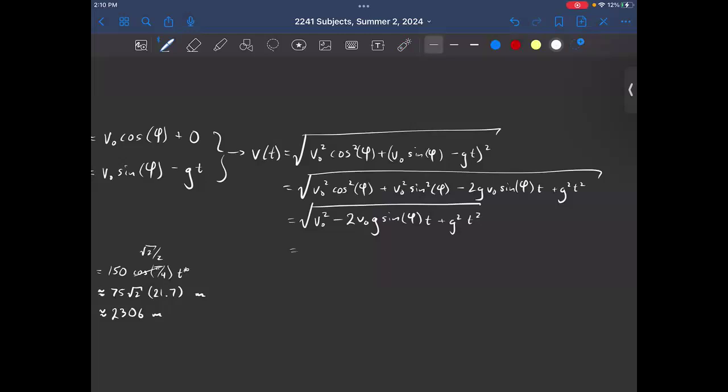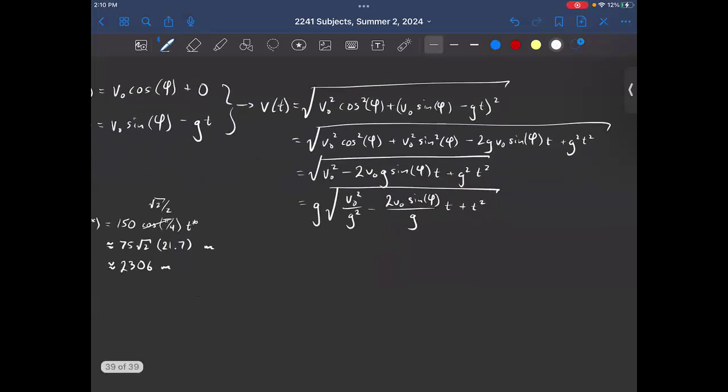So we have g times the square root of v0 squared over g squared minus 2 v0 sine of phi over g times t plus t squared. Okay. And now we remember what some stuff is. So we have v0 and sine of phi. And then our value for t, well, that was the 21.7 thing, so we'll get that in a second.